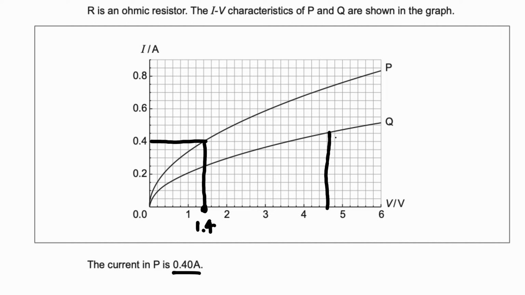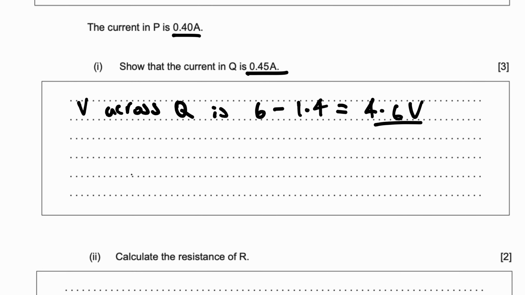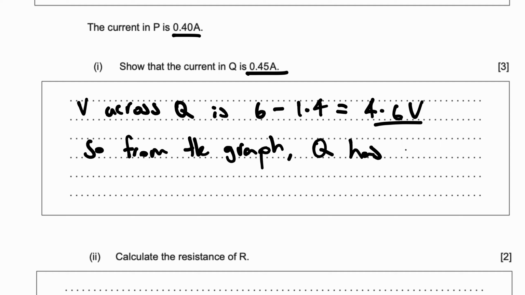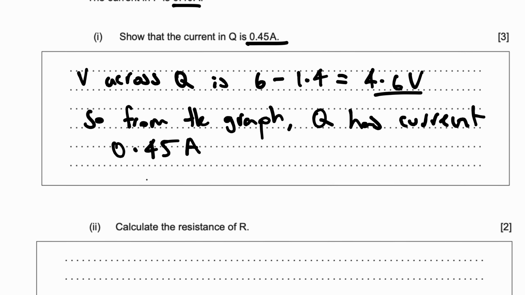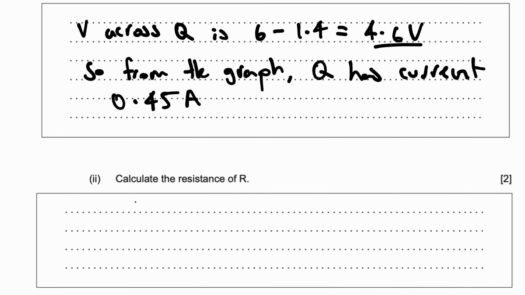The current that passes through Q is, if we put a line, 0.45 amperes. So from the graph, Q has current 0.45 amperes. So simply all we did was derive this number from the usage of the graph and numbers.